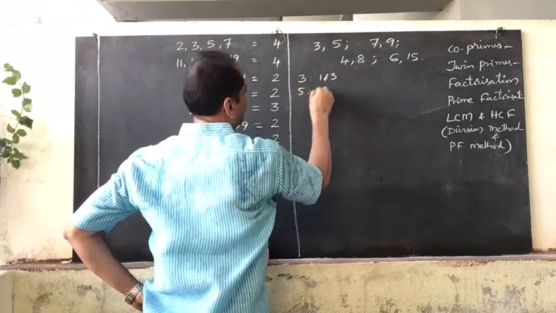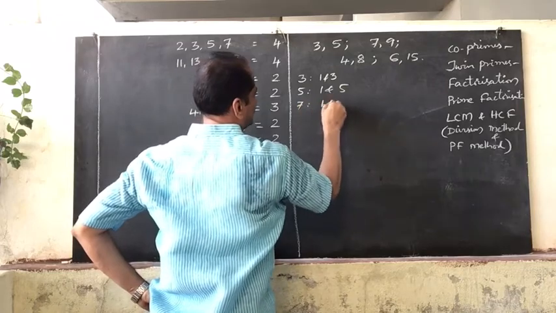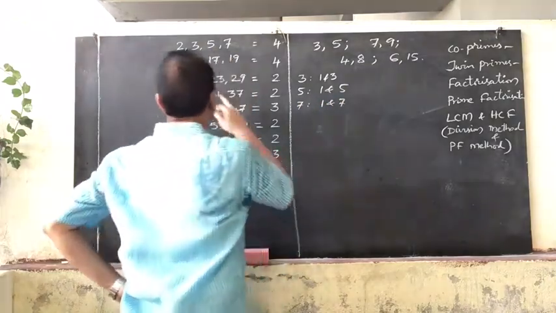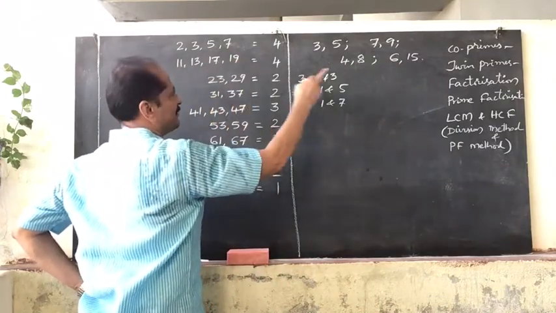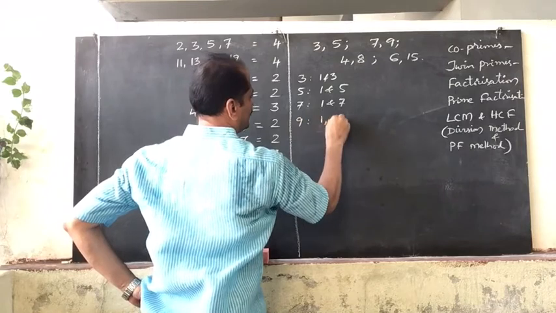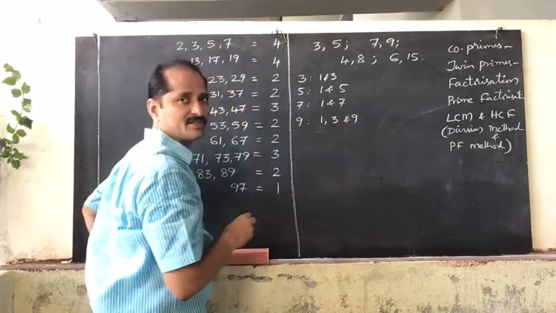Factors of 5 are 1 and 5. Factors of 7 are 1 and 7. Why? Because these are prime numbers, they have only two factors. 2, 3, 5, 7 are prime numbers. 9 has factors 1, 3 and 9. Three factors are there, so this is a composite number, not a prime number.